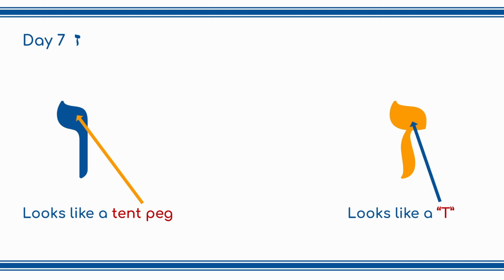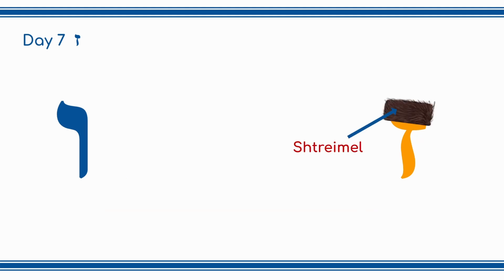And there's also another way, which is a little bit more fun. You can think of Zayin wearing a shtreimel, or a hat, here. In certain Jewish communities, the men wear a shtreimel during the Sabbath, or how we'd say Shabbat.